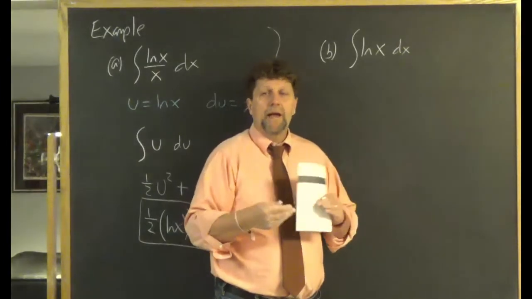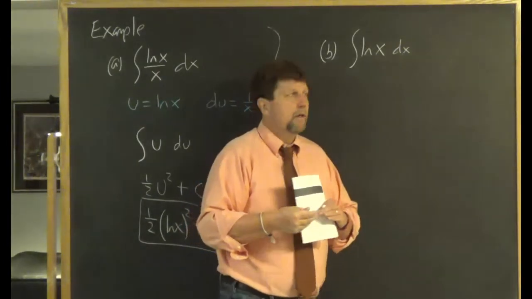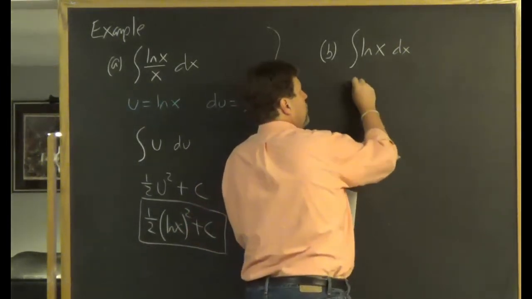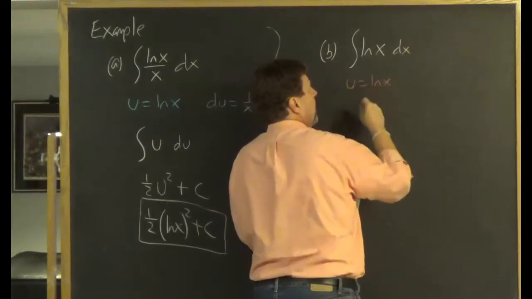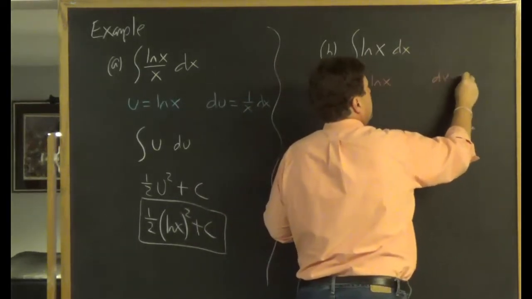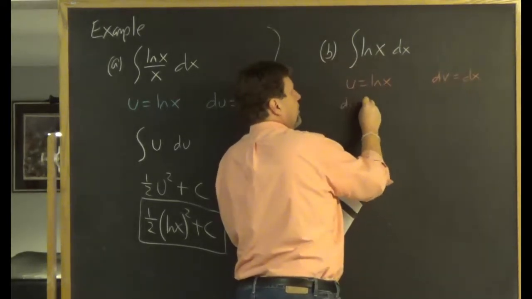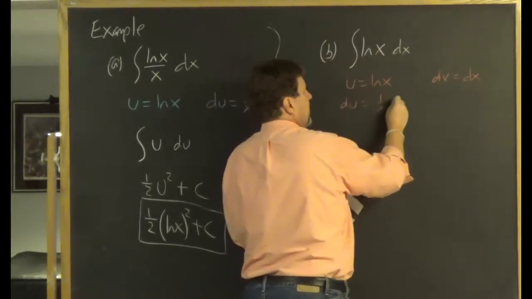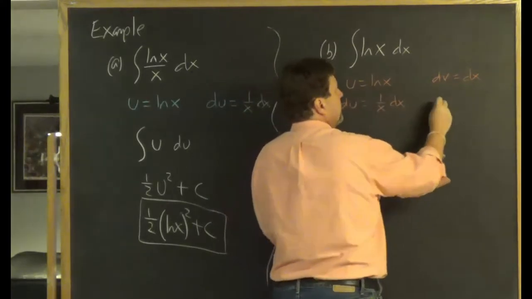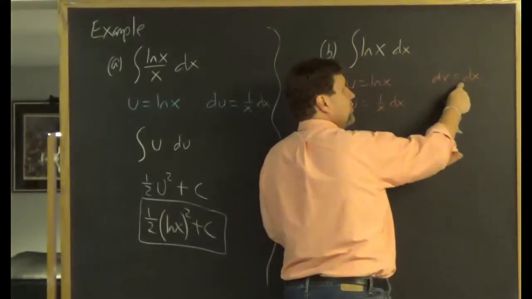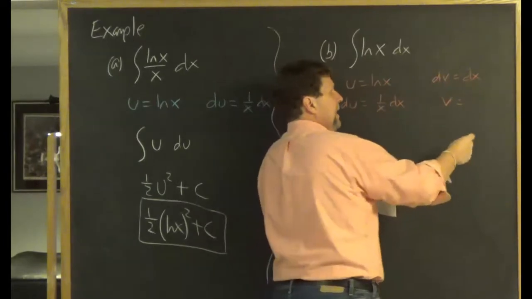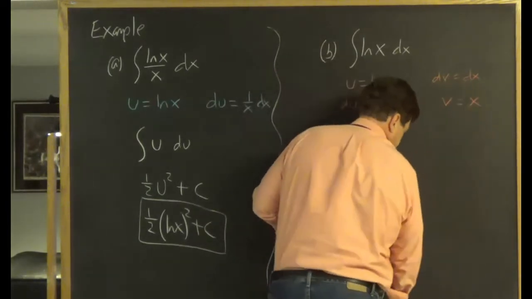I have to use integration by parts. So I would let u equal ln x, then dv is dx. We know the derivative of ln x. That's 1 over x dx. And then the antiderivative of 1 dx is just x.